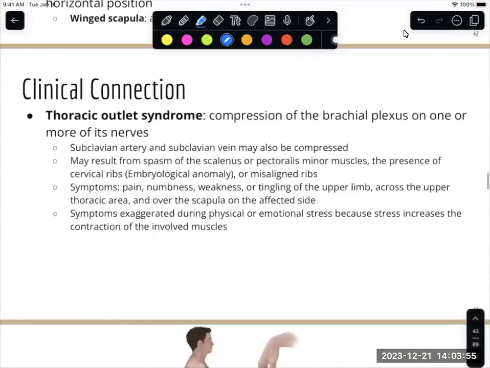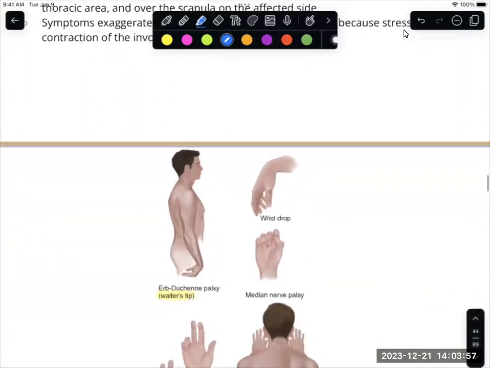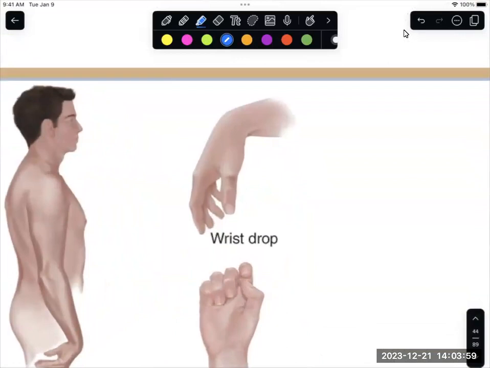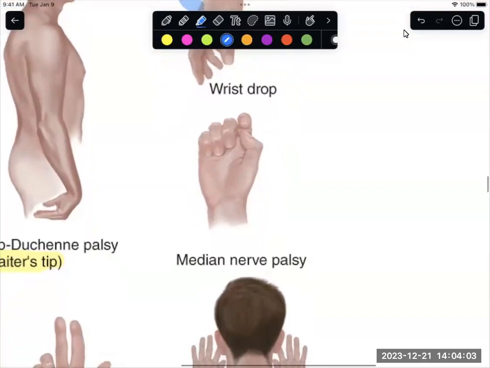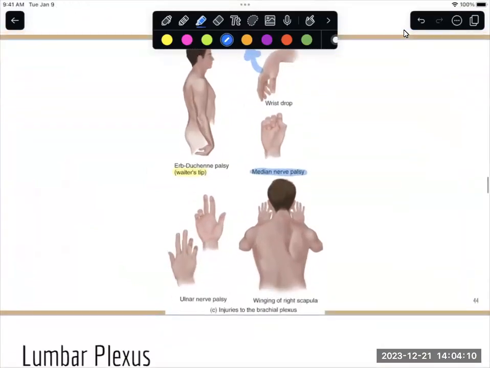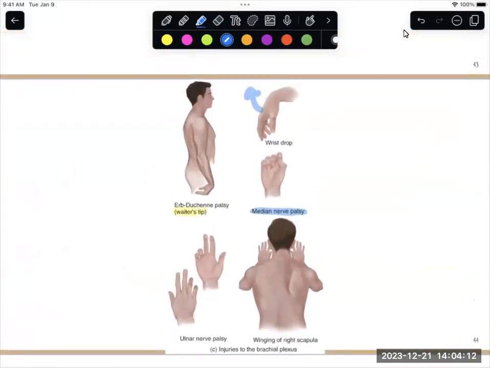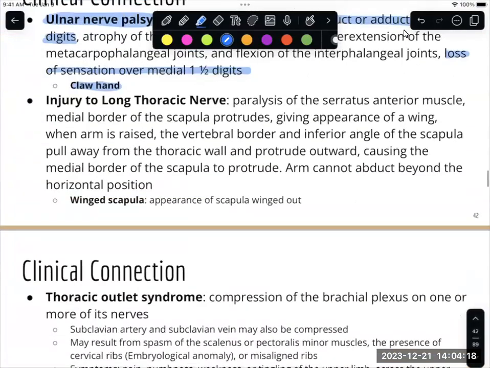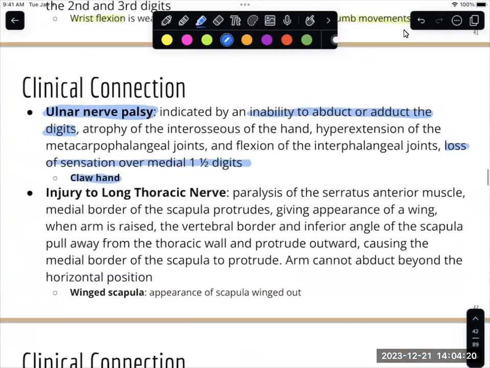Here's wrist drop. They can't put their hand back up. Median nerve palsy, their hand is kind of in this kind of fist, almost like. Then there's ulnar nerve palsy, that kind of claw hand, as it's called.